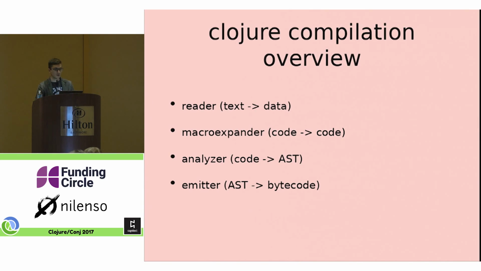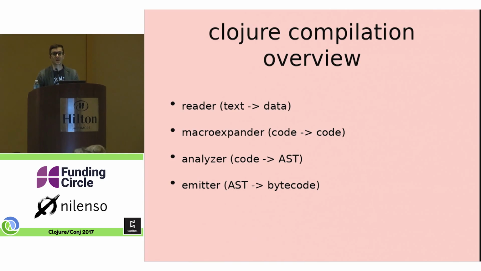So we have the simple steps of reading, which is taking a stream of text and turning it into code as data. Then we have macro expansion, which takes this code and completely macro expands it. We have an analyzer that takes that macro expanded code and turns it into an AST.